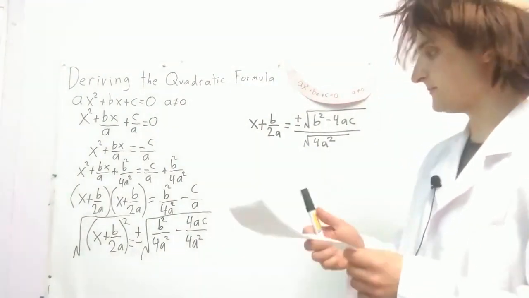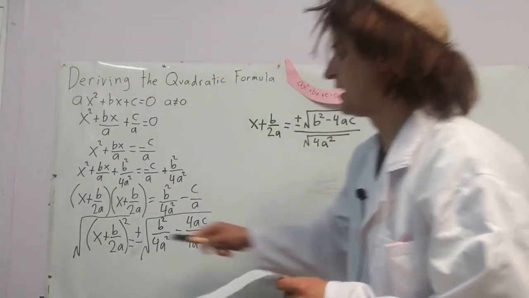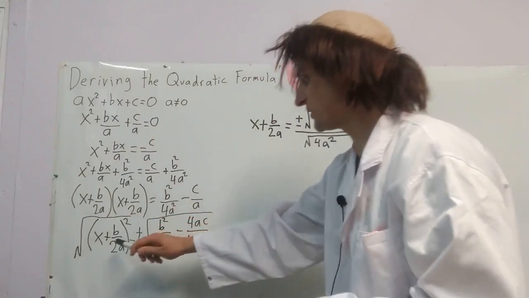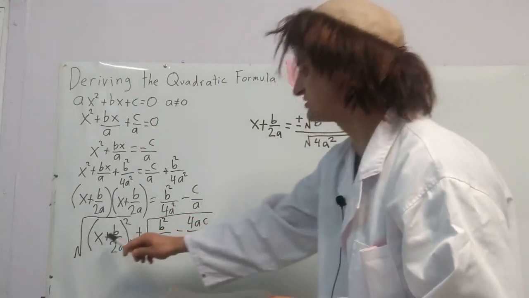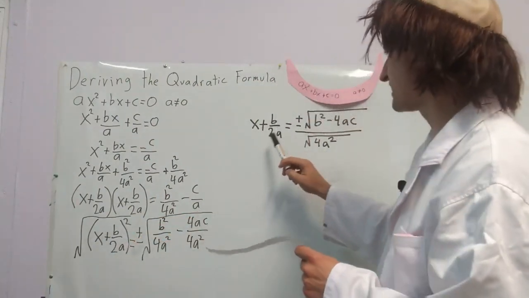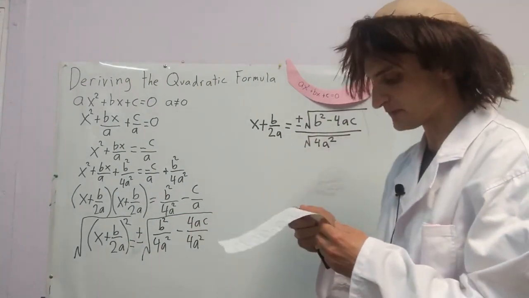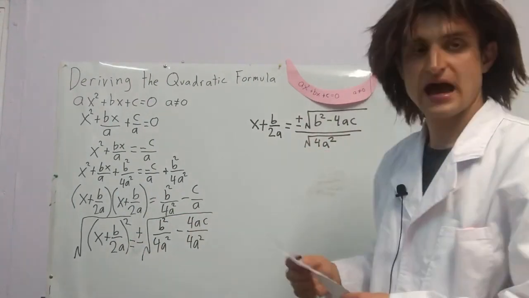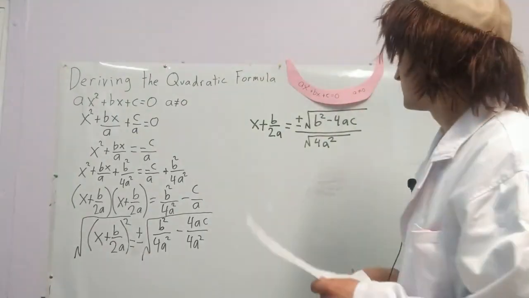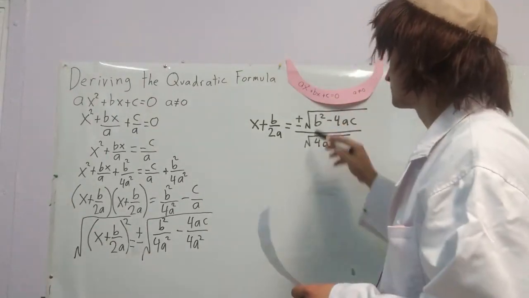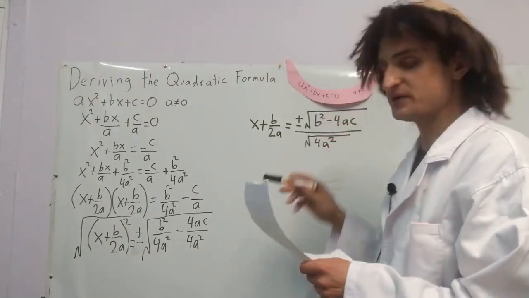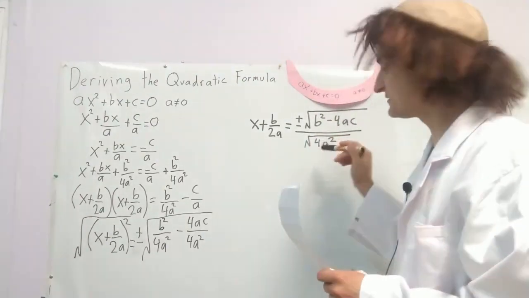What have I done, baby Parabola? I've applied the square root to the left, which leaves us with x plus b over 2a. And on the right, I've simply distributed the square root sign. So we have a square root on the bottom and on the top.